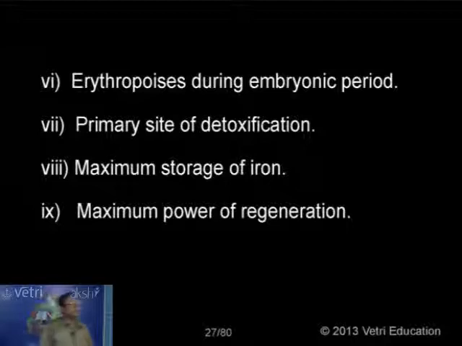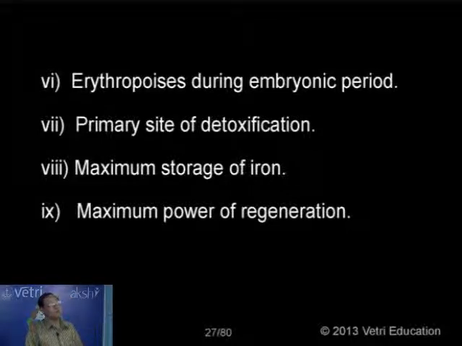Now, in adults, the liver is concerned with the breakdown of RBCs, so we can consider it a graveyard. But during embryonic development, the function is reversed. In adults, it is concerned with breakdown, but in the embryonic condition, it is concerned with the formation of blood cells, particularly the formation of RBCs.